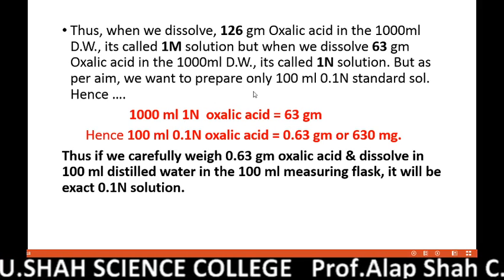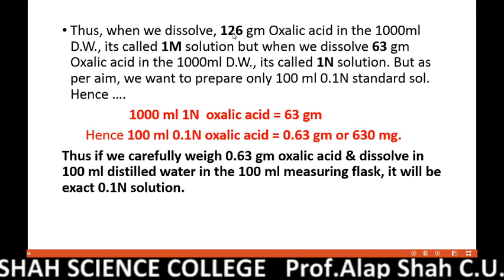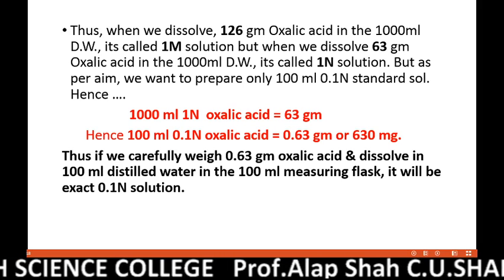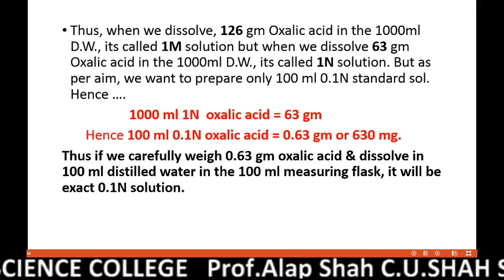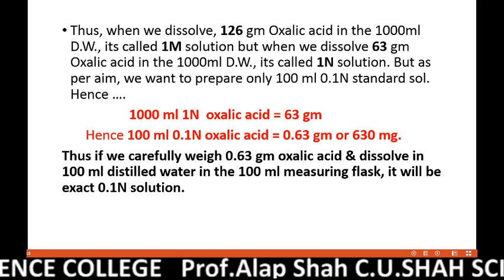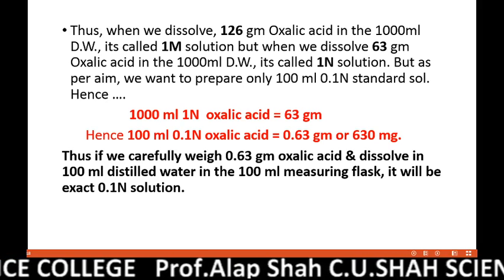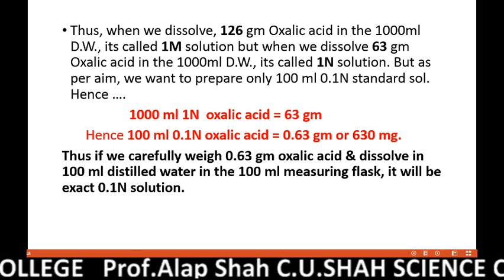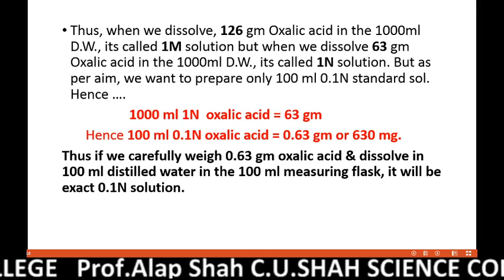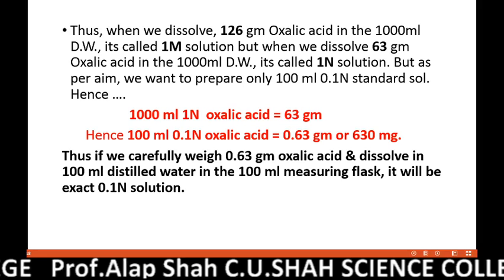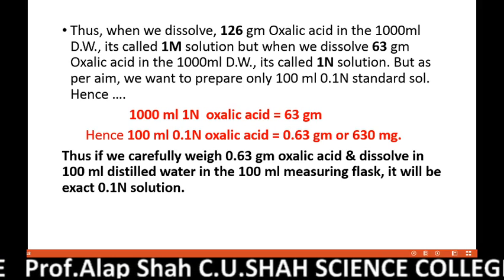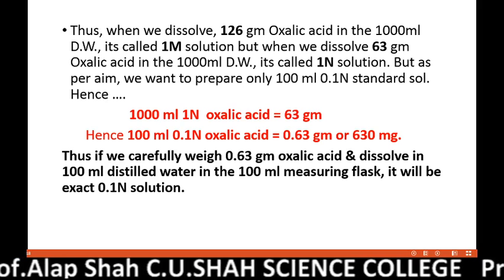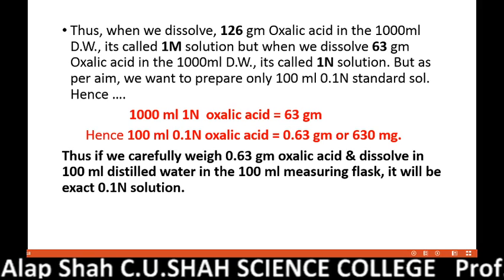If 126 gram oxalic acid, its molecular weight, is dissolved in 1000 ml solution, then it is called 1 molar solution. And the equivalent weight, 63 gram, if dissolved in 1000 ml solution, is called 1 normal solution. So we can write the mathematical expression of this discussion this way.